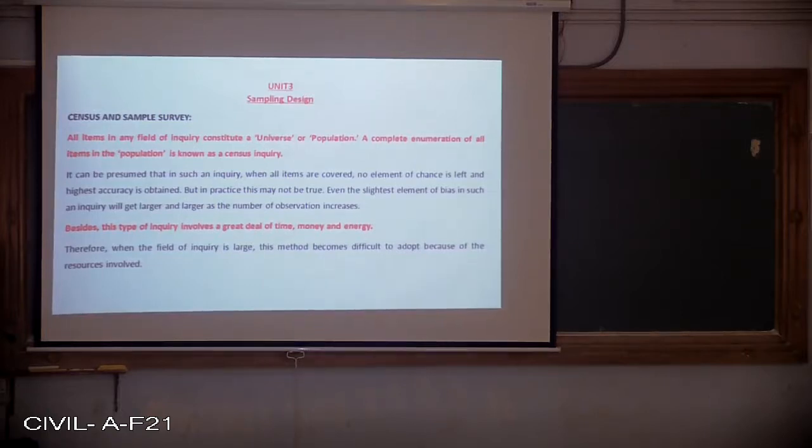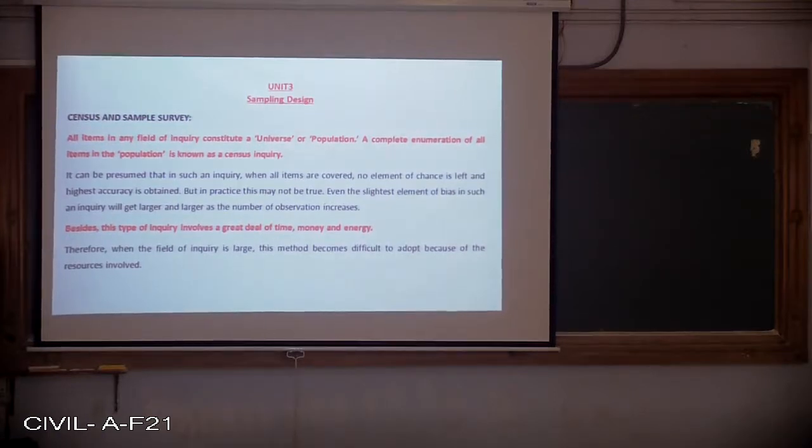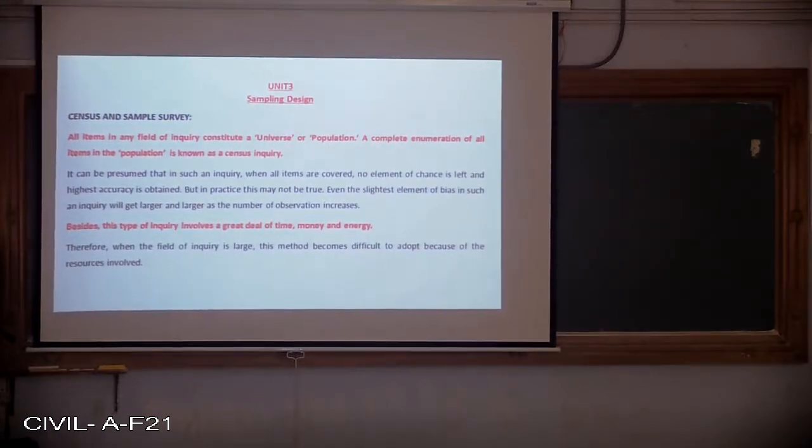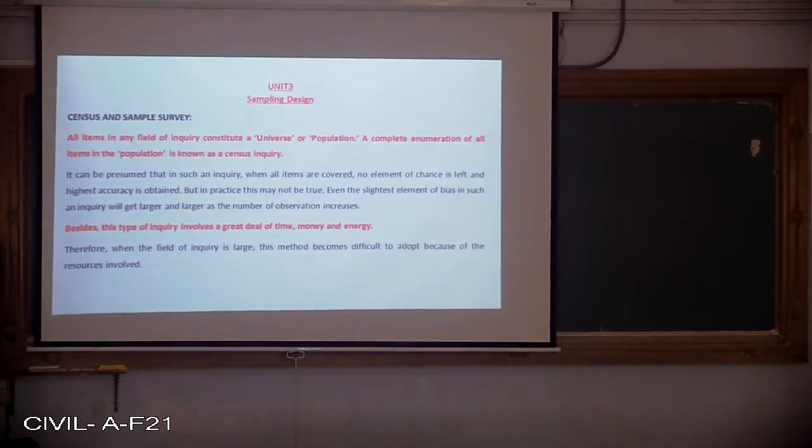A simple example is the population census. Survey of population. What happens? Plus or minus 10% error you find. So they calculate what the population is, what the death rate is, what the birth rate is, how many males, how many females. So you come to know about the census. In the same way you have a census of the economy. You can have a census of any other parameter.